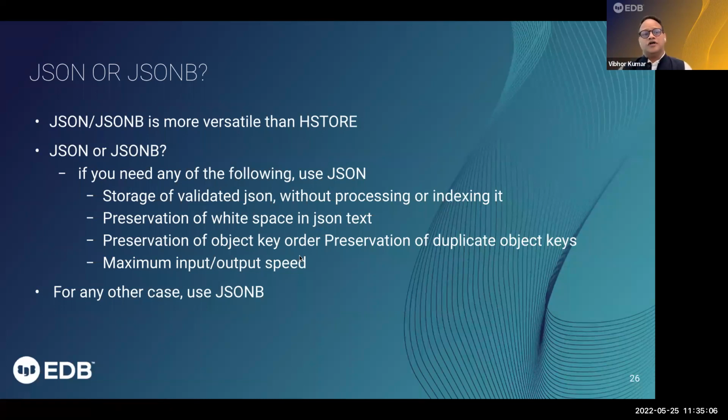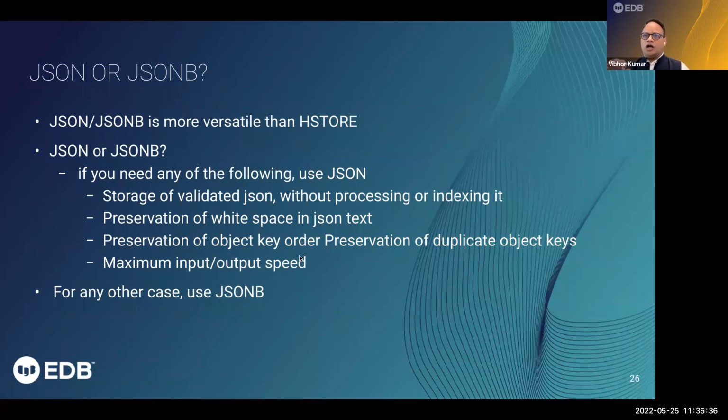But when you are making a decision between JSON and JSONB, you need to keep in mind that JSON is only a validation of a structure before storing into a text data type inside Postgres, right? So this is a data type which validates the JSON without processing and stores it as it is inside the database, as a text data type.